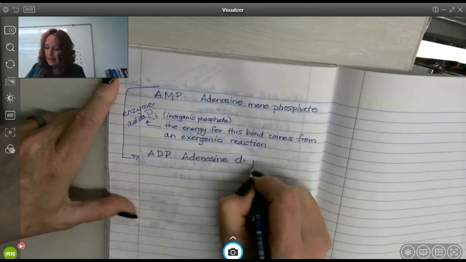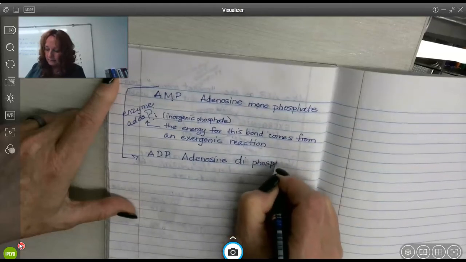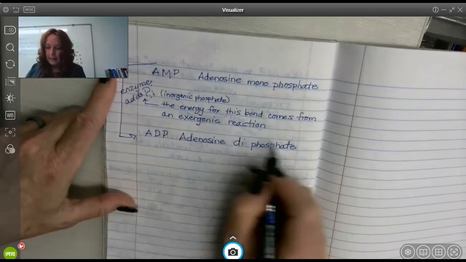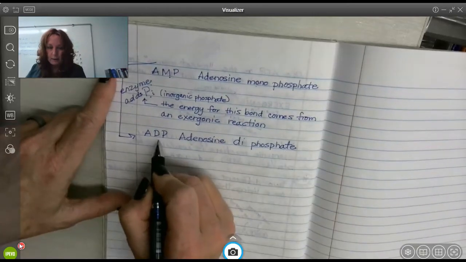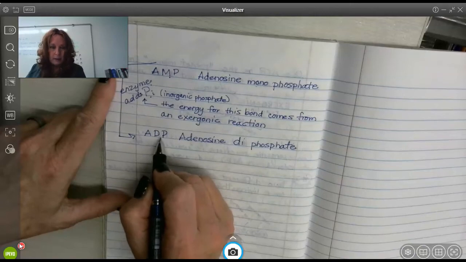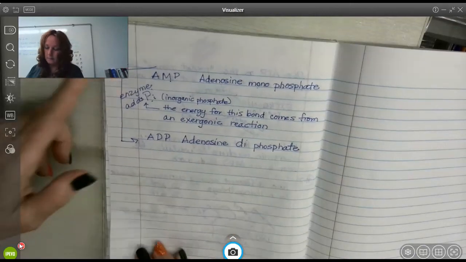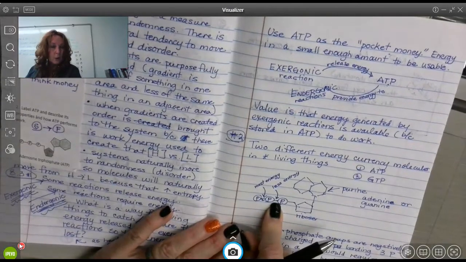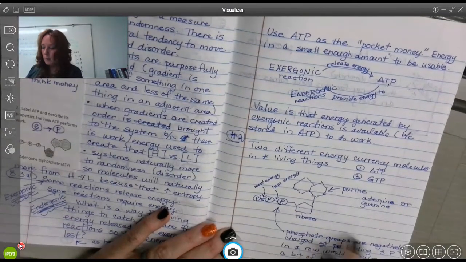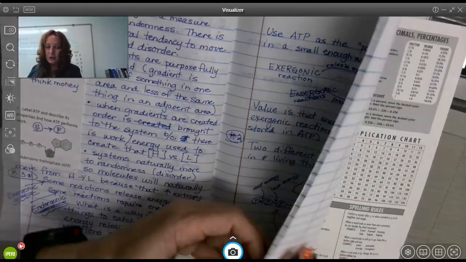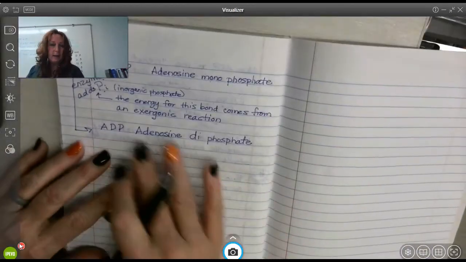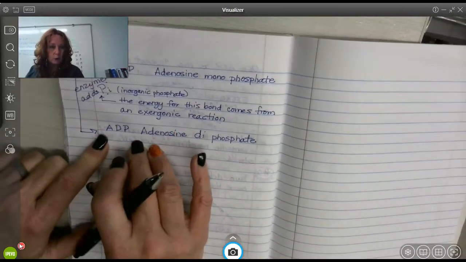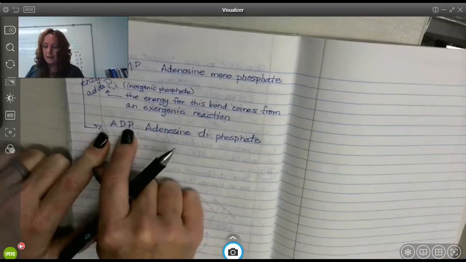Now it's diphosphate, and it's holding energy in that bond that's between the two phosphates. This bond right here. So we didn't have to have any type of reaction that had a lot of energy, because that energy in that bond is lower than it is going to be in the next one.